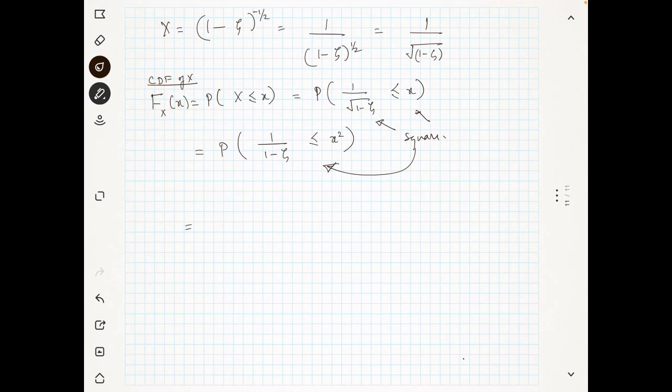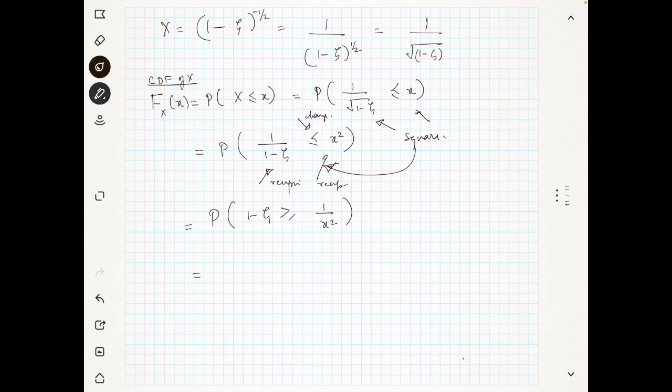Now you take the reciprocal on both sides, so the sign will change. This is nothing but 1 minus zeta greater than or equal to 1 by x square.